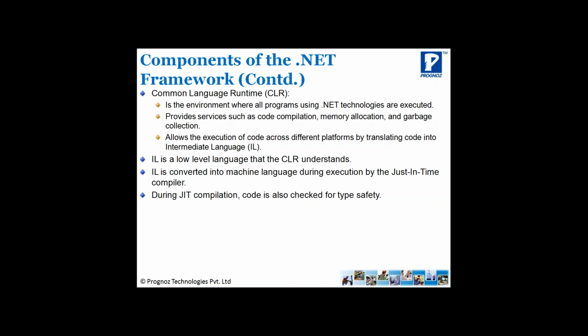Now, when we say .NET is platform independent, that means .NET says whatever is the need of my application, I will service that need. I will not keep on asking the operating system for various requirements. So what .NET does is create a small operating system around the .NET application. That mini operating system is known as CLR, Common Language Runtime.